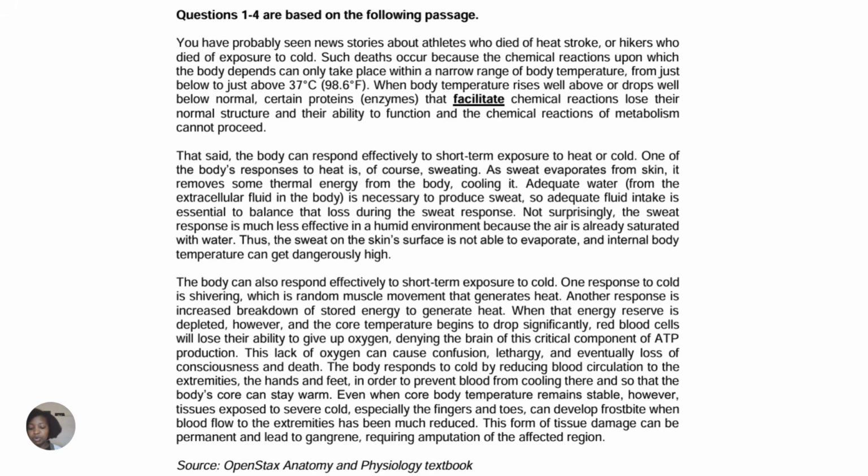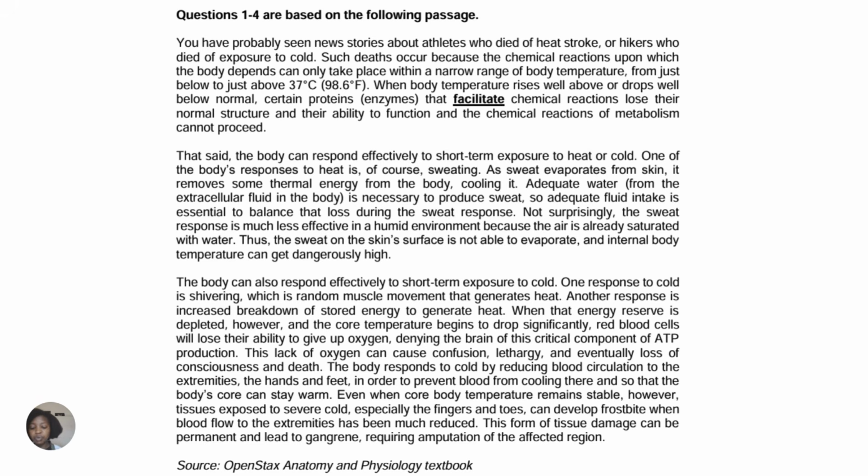The body responds to cold by reducing blood circulation to the extremities, the hands and feet, in order to prevent blood from cooling there and so that the body core can stay warm.